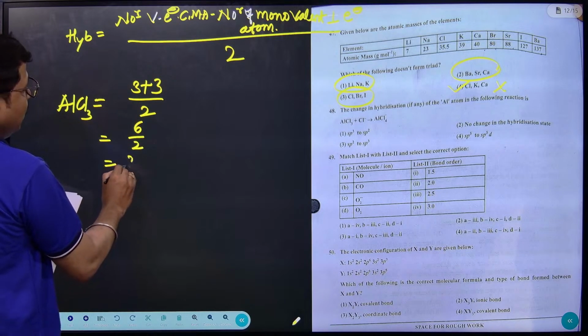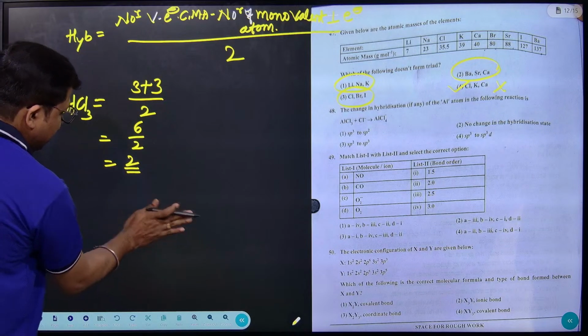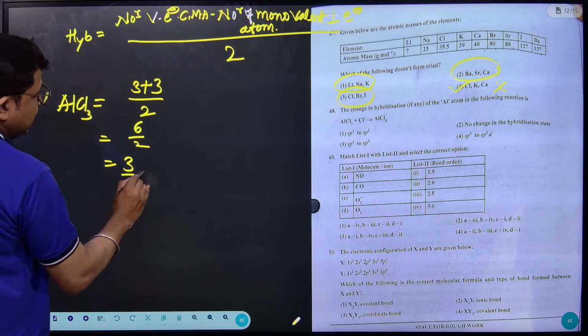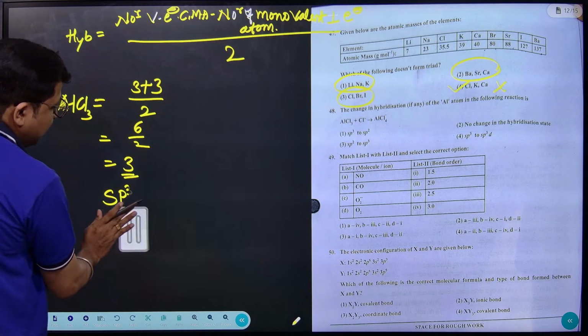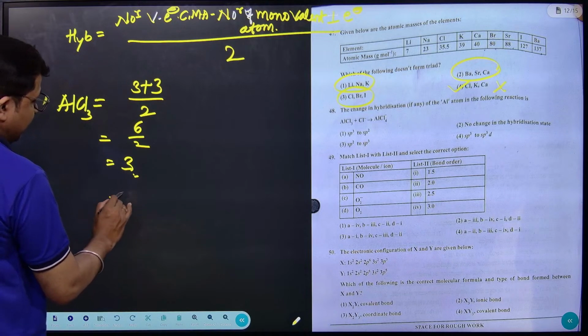How much? 3 electrons, very sorry. These 3 electrons correspond to sp2 hybridization.